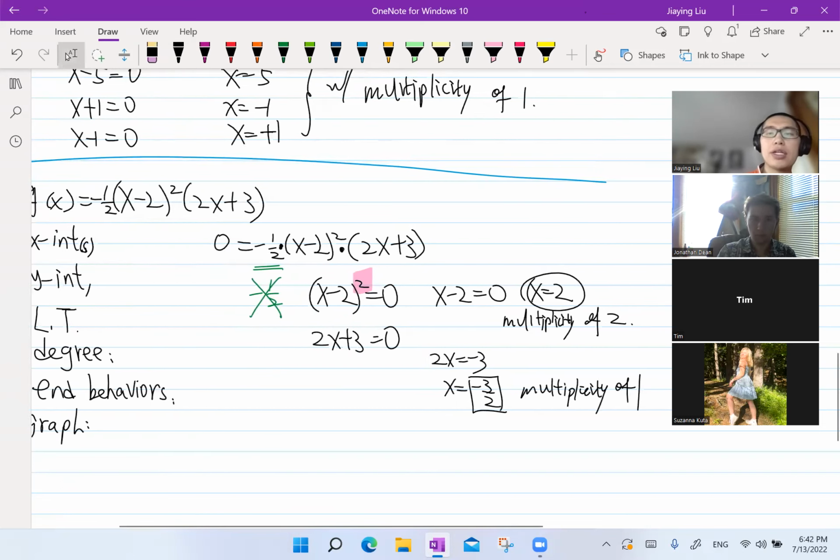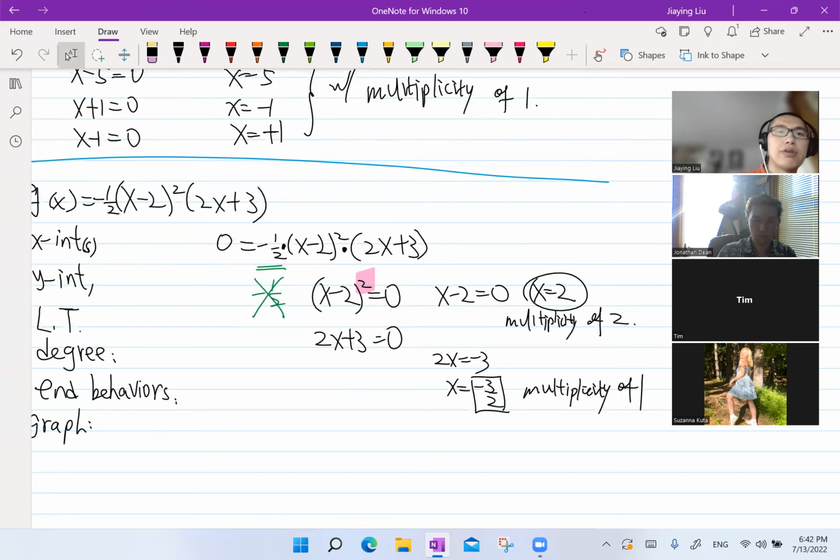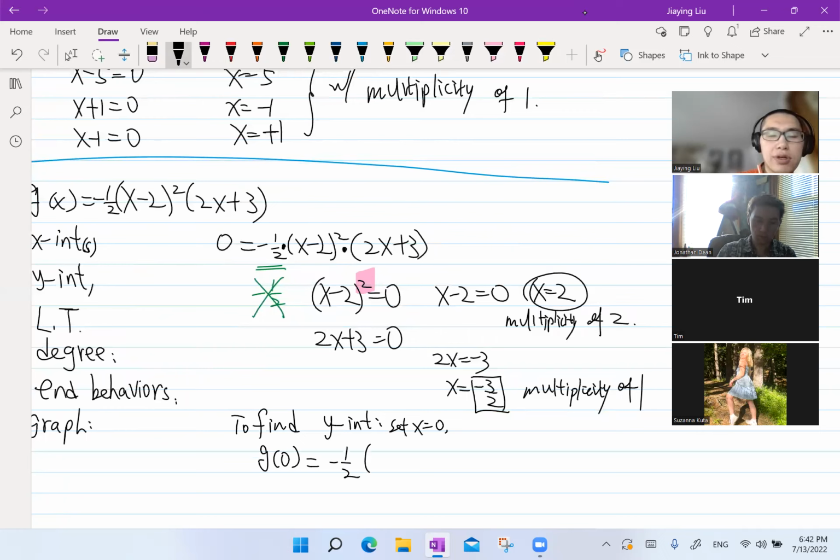And now we're going to find the y-intercept. To find the y-intercept, we simply set x equals 0. So we get g of 0 equals -1/2 times (0 minus 2) squared times (2 times 0 plus 3).